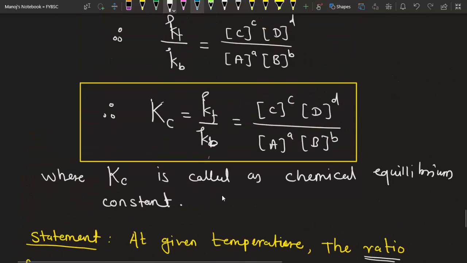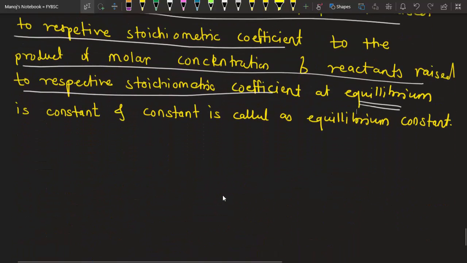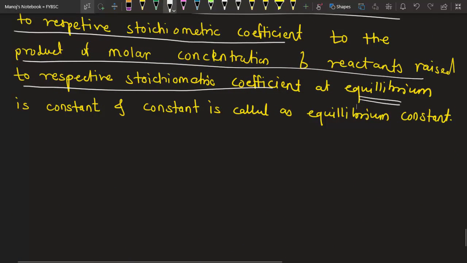So from this we have designed a definition. The law of chemical equilibrium states that the product of molar concentration of the products raised to stoichiometric coefficients to the product of molar concentration of the reactants raised to stoichiometric coefficients is always constant, and the constant is called the chemical equilibrium constant.